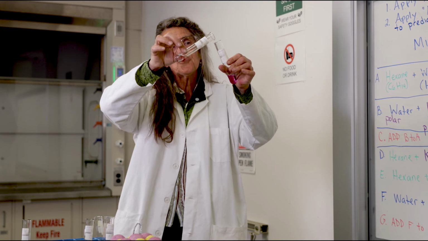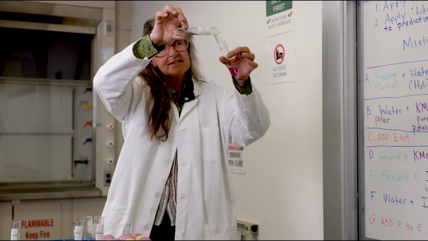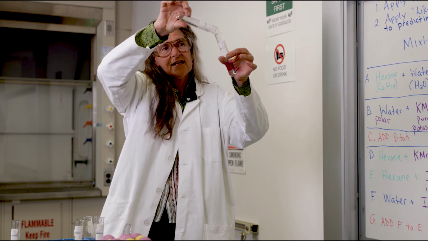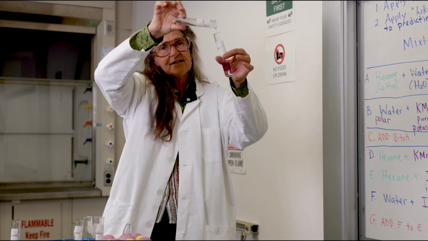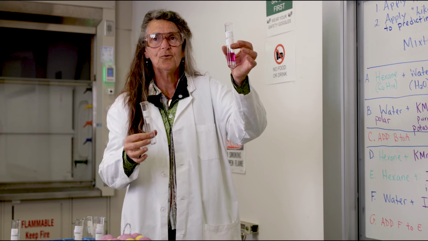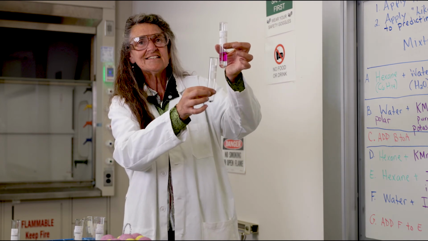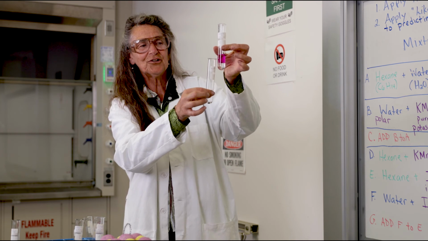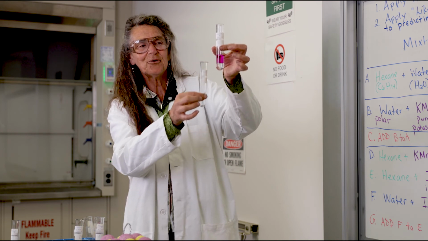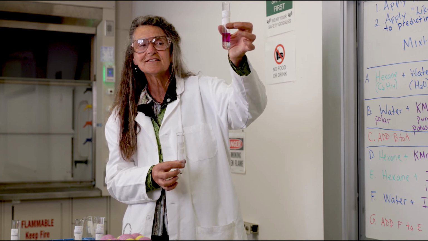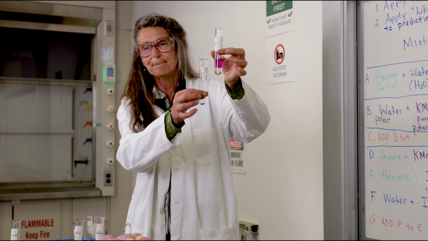Okay, so I'm adding the water and the iodine to the iodine and the hexane. And again, hexane and water don't mix. Water and oil don't mix, right? And since iodine is nonpolar and hexane is nonpolar, the iodine is solubilized in the hexane, which is on top.